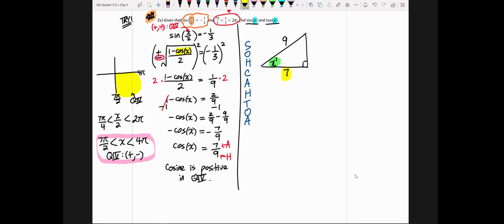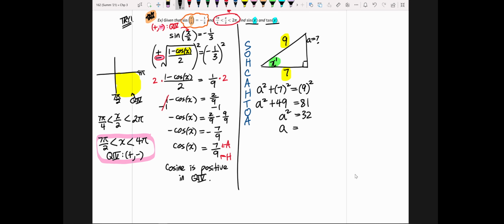Jacob, what is the remaining side, the remaining leg? So I did 9 squared minus 7 squared, and that got me the square root of 32. Okay, yes. So we have a squared plus 49 is equal to 81. A squared is equal to 32.